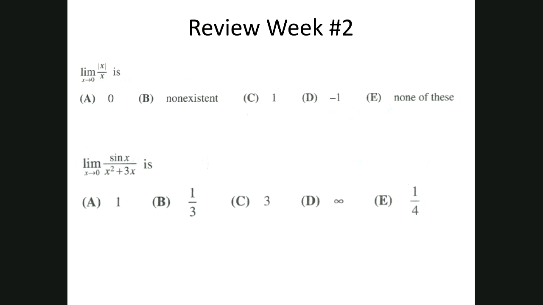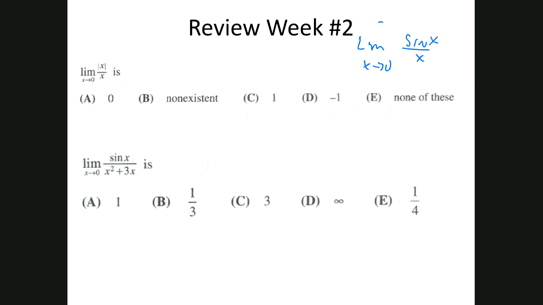Now, the second one, there's kind of a trick to it. Do you guys remember last week what the limit as x approaches 0 of the sine of x over x is equal to? You guys remember that?